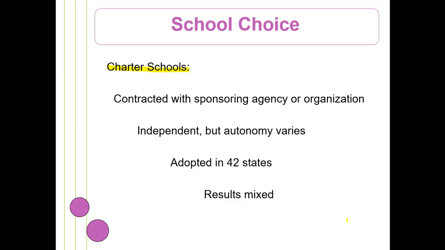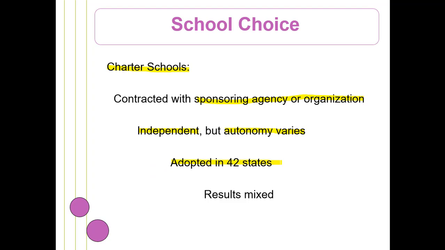Whatever the agenda is of these sponsoring agencies or organizations that are creating this school. And they have certainly a certain amount of independence, but that autonomy varies, particularly when they still have to maintain the same standards. Their students still have to take the SAT and ACTs to get into college, and that would provide common standards that they could compare.